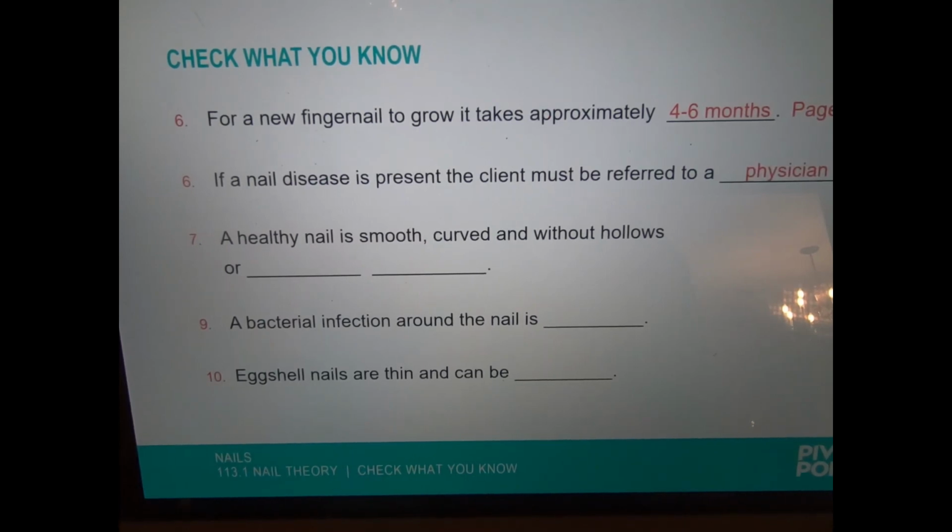A healthy nail is smooth, curved, and without hollows or wavy ridges. A bacterial infection around the nail is paronychia or felon. Remember that inflammation of the tissues surrounding the nails. Remember, our felons set fire to tissues. And eggshell nails are thin and can be hereditary.